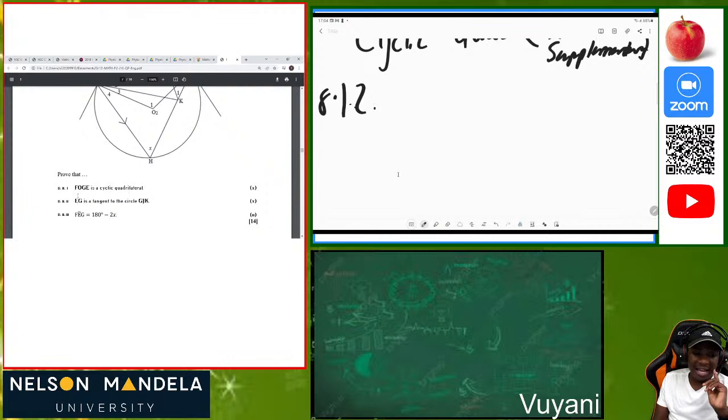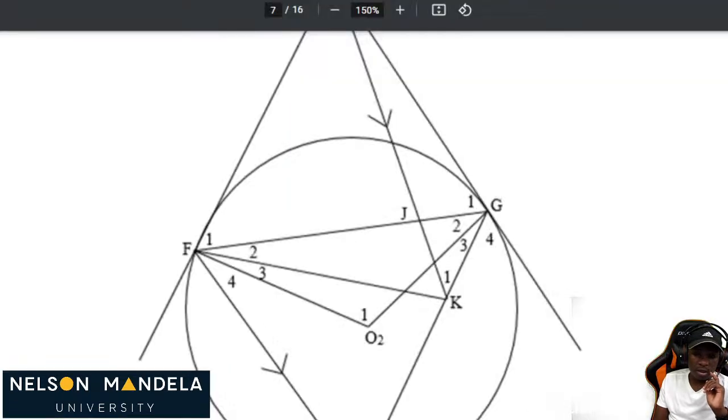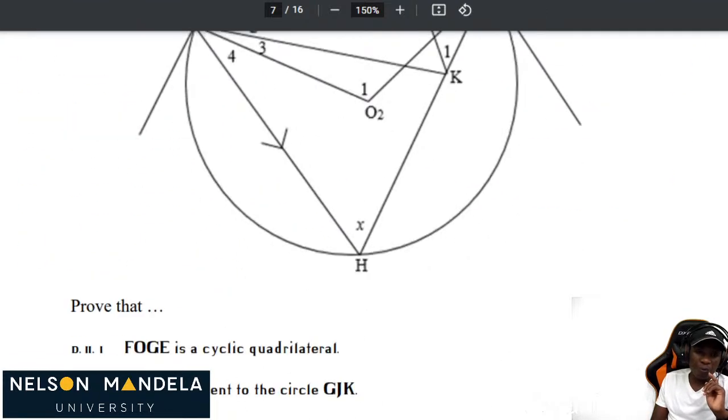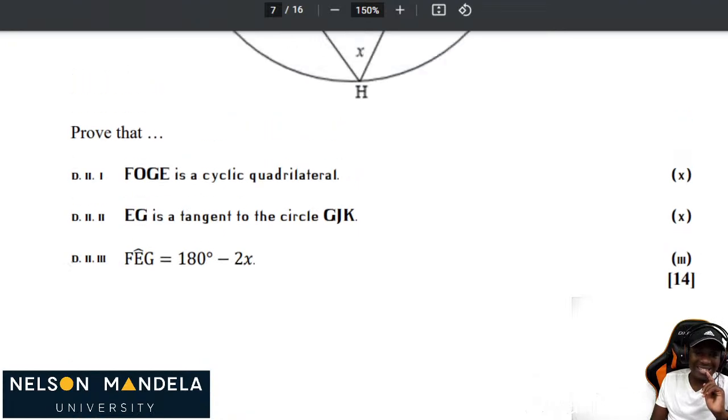Now they are saying prove that EG is a tangent to the circle GJK. Where is GJK? Let me do this so that you can see it bigger. Our question is saying prove that EG, where is EG?